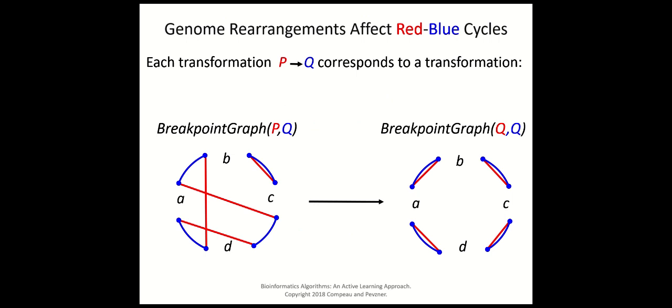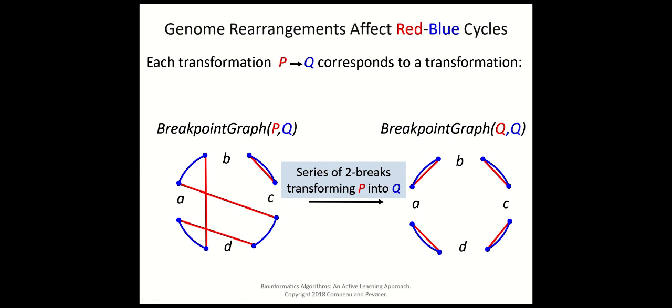Now, we are going to speak about genome rearrangement and how it affects the red-blue cycles. On the left, I have the breakpoint graph PQ, and on the right I have the breakpoint graph QQ, the identical one.